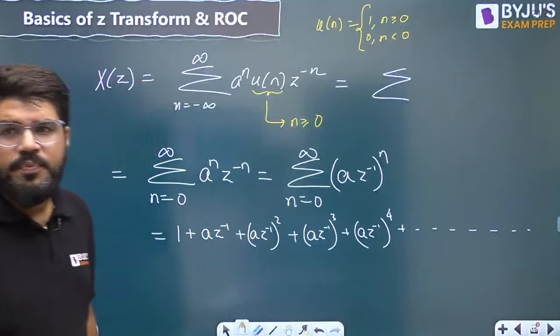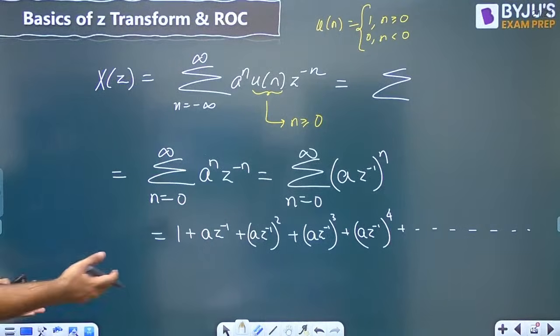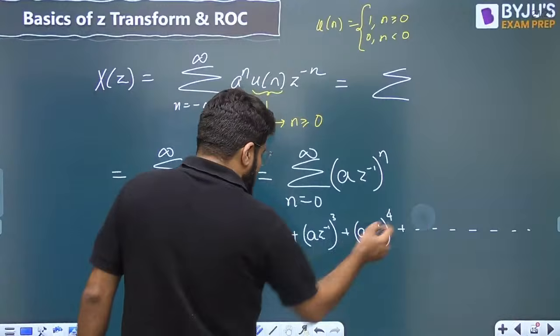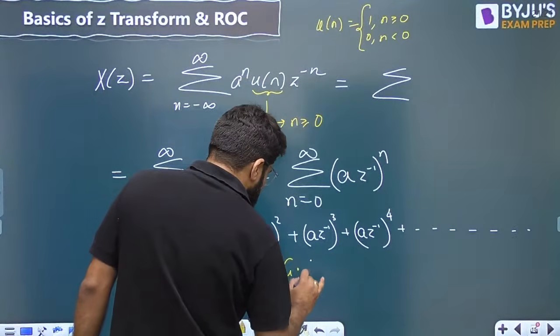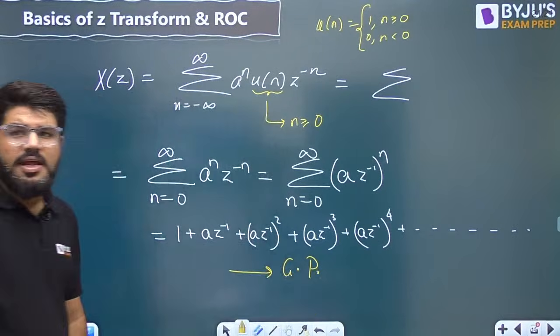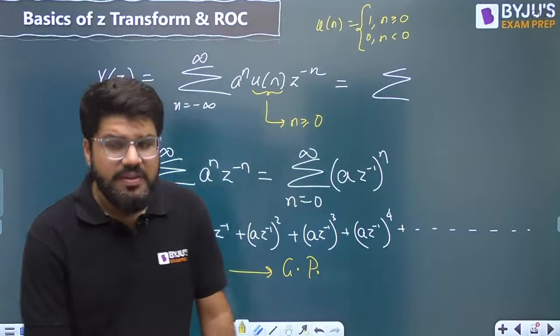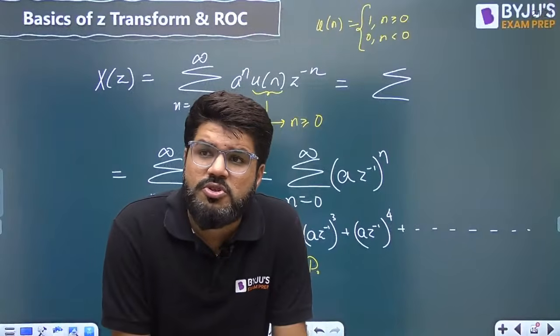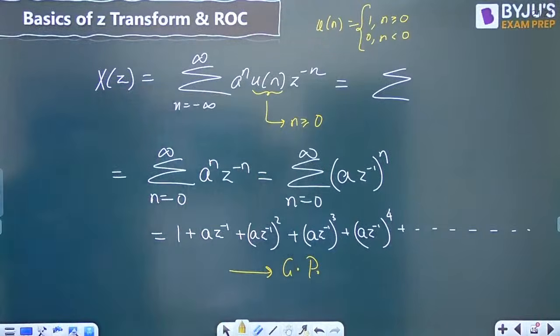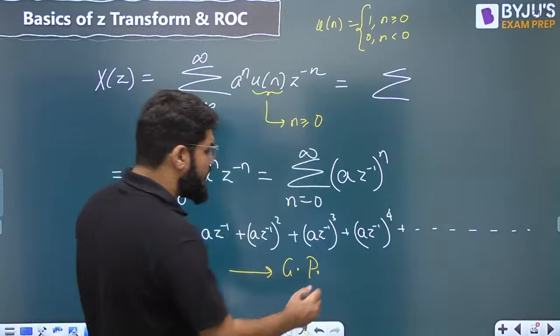Now, what is this? This is basically a GP, a geometric progression, having the first term 1 and the common ratio a z inverse. So what is the formula for a GP with an infinite number of terms?